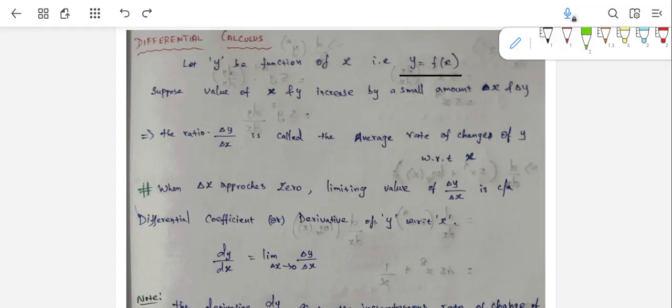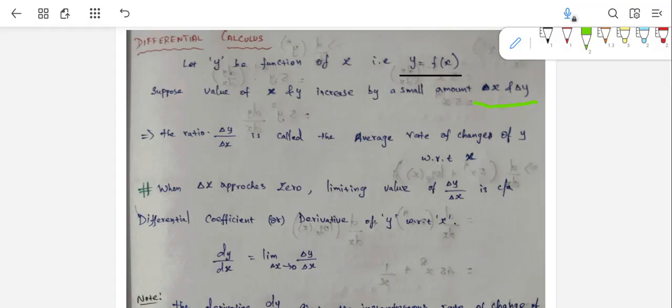Let's just assume, guys, that x and y are some quantities and y is a function of x, so we can express y in terms of x, like y equals x square plus 3x, or y equals x cube plus 4x square plus 3x. Both their values are increased by small amounts. Let's say those are delta x and delta y, the increases in those values.